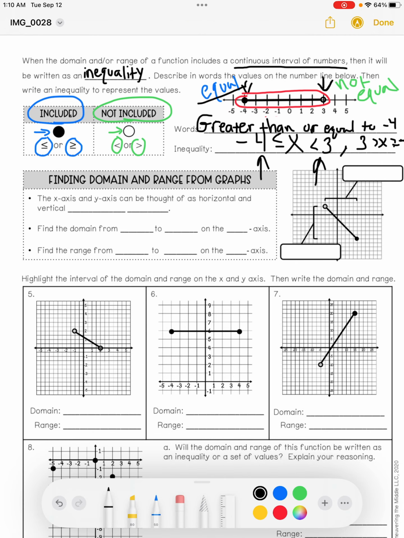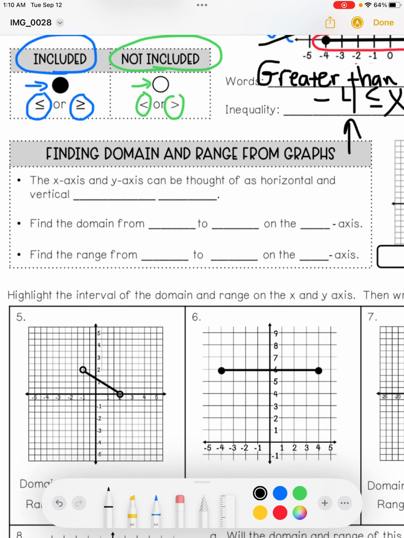Okay, so first thing is that the x-axis and the y-axis can be thought of as horizontal and vertical number lines. So if we were able to follow along with the first example that we did with the number lines, well then you can just think of it as doing a horizontal and vertical version of that problem. Okay?